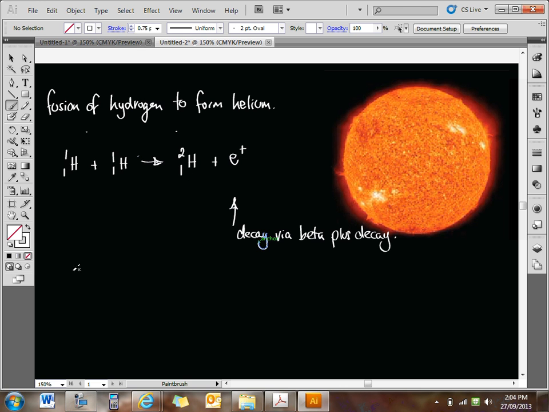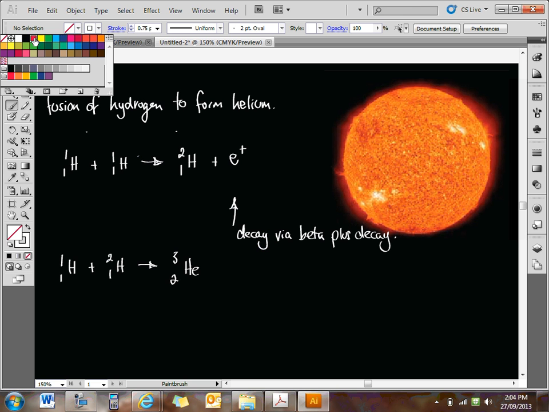Once we have this stuff, then we have another proton come along. This is all in the core of the sun. Seeing our deuterium nucleus, they fuse together. We have enough pressure and enough kinetic energy that they fuse together to form this helium-3. Okay, so proton plus proton, there's only a single proton there, and what we're looking at is, actually I'll draw those so you can see what we're looking at.